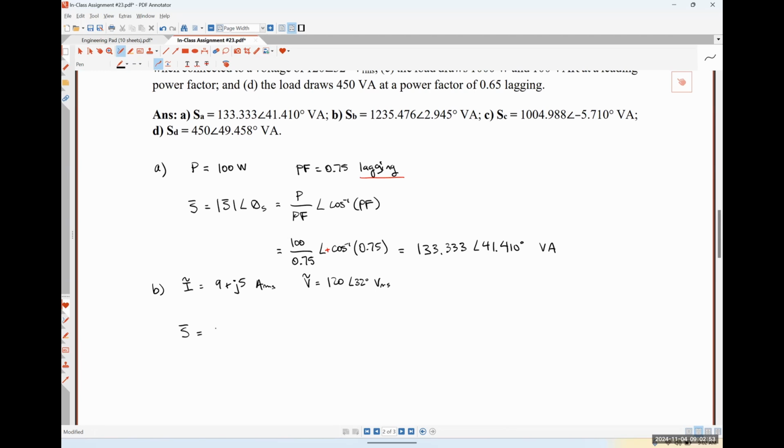V times I conjugate. Exactly right. So that is going to look like 120 angle 32 degrees volts RMS times 9 minus J5 amps RMS. And for what it's worth, if you don't remember how the conjugate operation works, there's a button for it on your calculator.